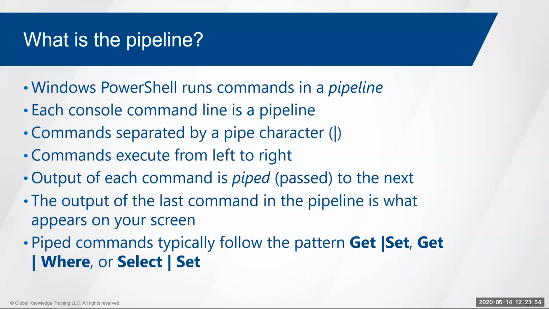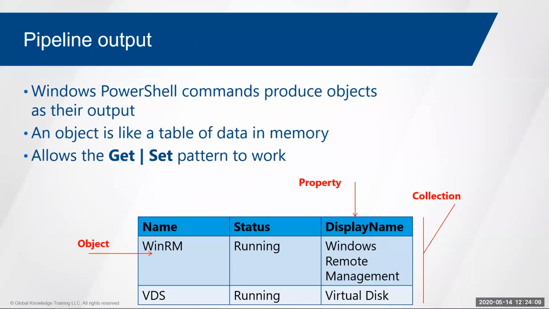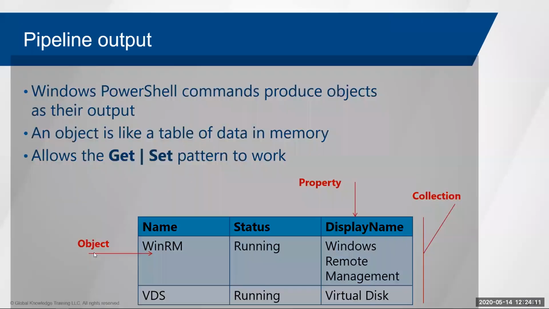This ensures we can get what we need and then sort it, select specific object properties, or set specific configuration settings based on the command that was run. Let's demonstrate how this is done.